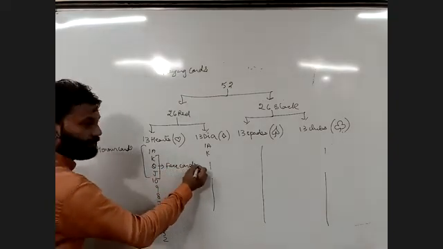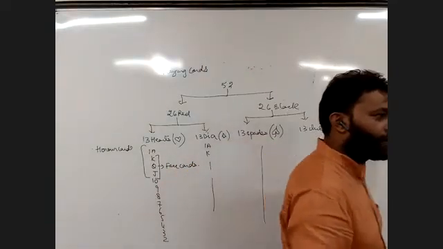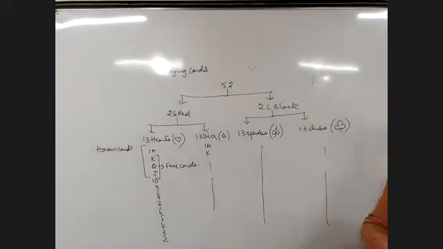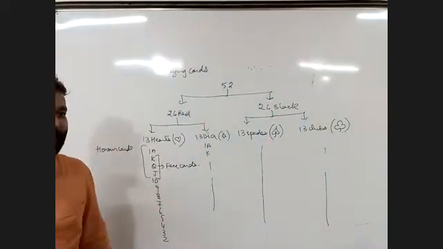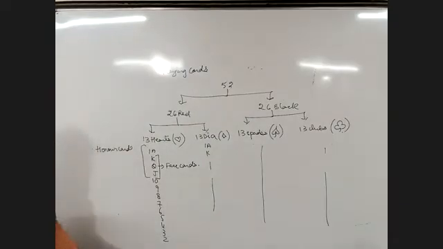How many honor cards in all? 4 into 4, 16. How many face cards? 12. How many numbered cards? How many kings of heart? Only one. How many black kings? Black queens? How many 10 numbered cards?